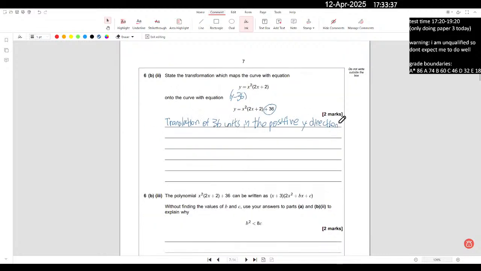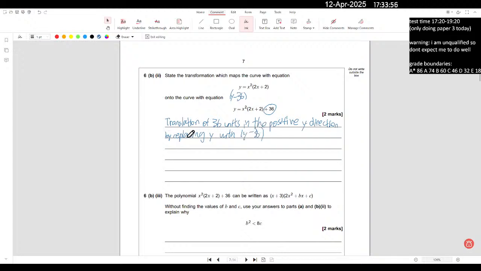Do I have to write more? I mean, it's 2 marks. I don't know why it's 2 marks. It should be 1. Let's just state the transformation. Do I have to write that it replaces y with y minus 36? By replacing y with y minus 36.